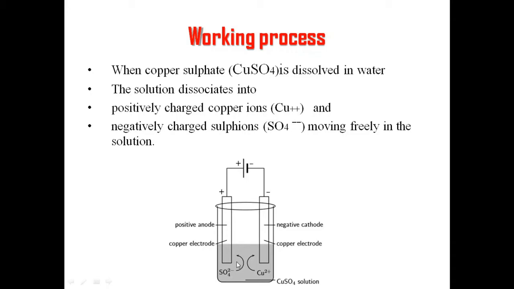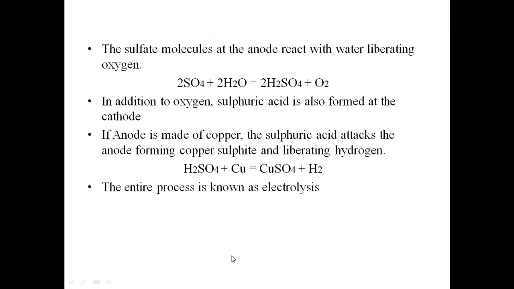These sulfate molecules at the anode react with water and liberate oxygen. So copper forms pure copper on the cathode, whereas the sulfate ions attracted towards the anode react with the water and liberate oxygen. So chemically we can see it here.